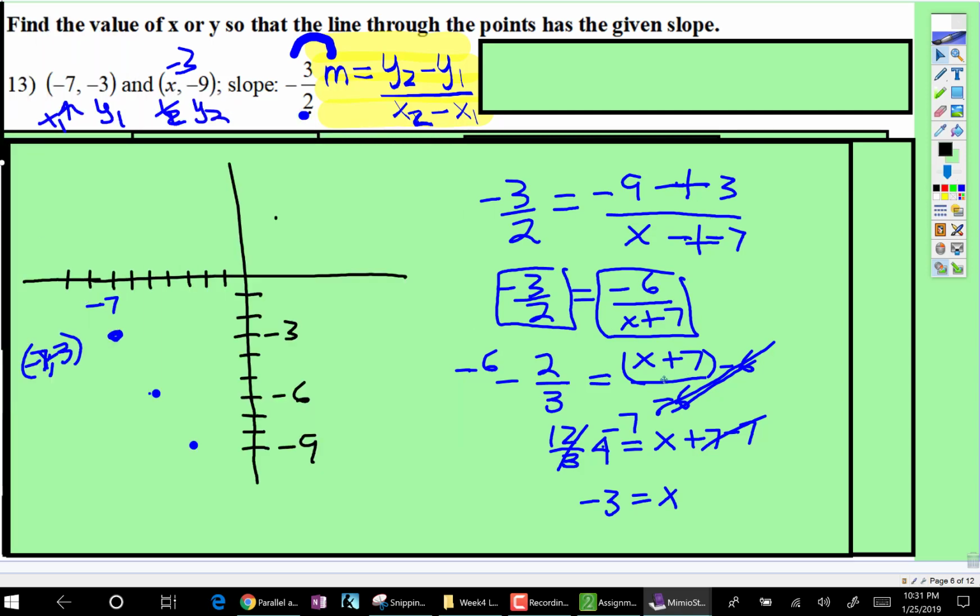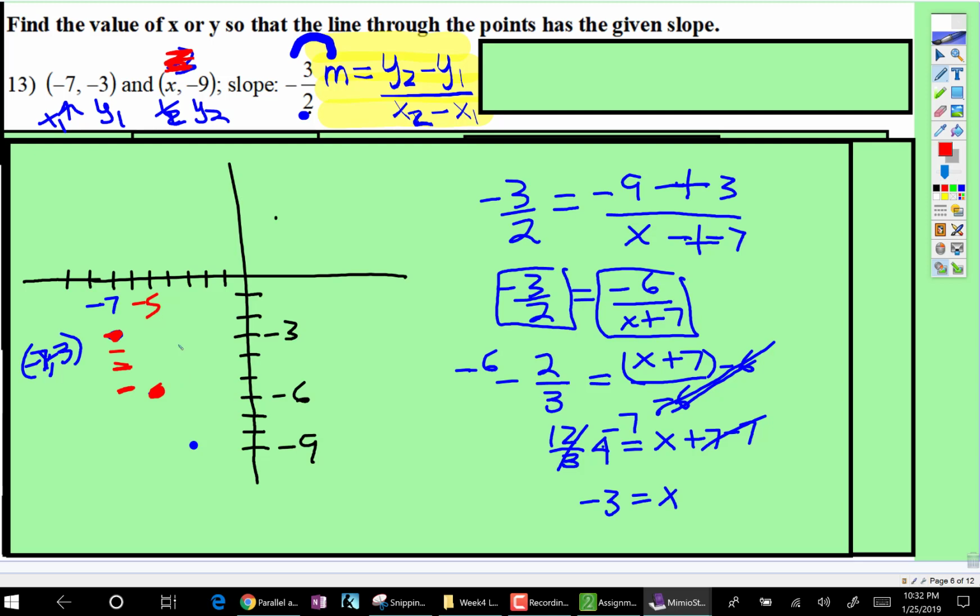If you had a hard time following this, here is another way to do it. This says that one of our points is negative 7 down 3. So right there. We're not sure where that x is, because let's pretend we didn't find that it's negative 3. But this slope says that we go down 3 over 2. So if I go down 1, 2, 3 over 2, that is negative 5.